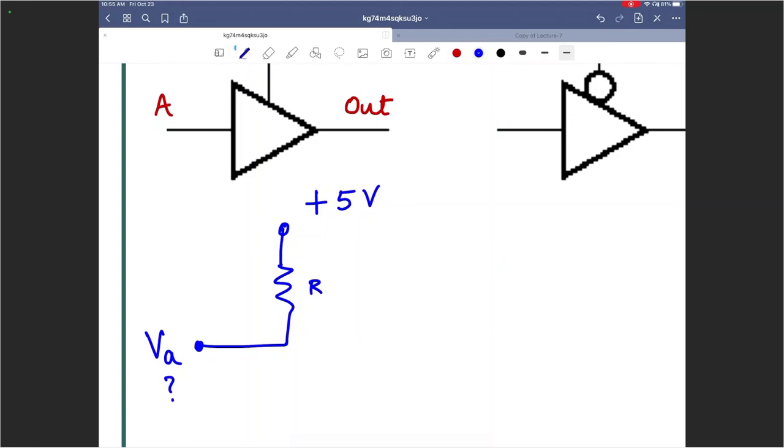What will I measure at VA? Five volts, perfect.